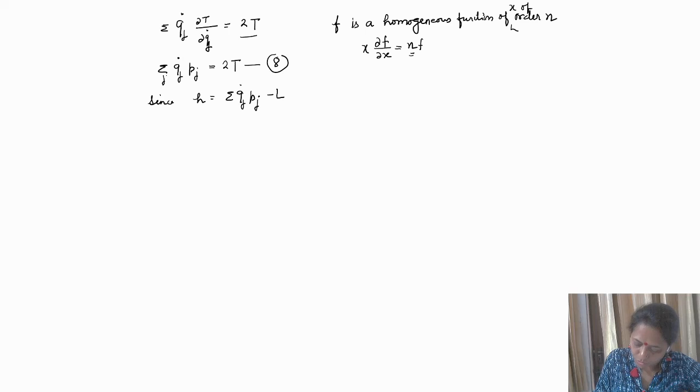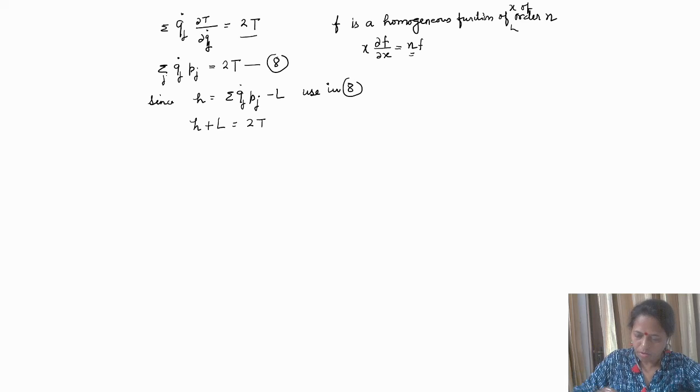So use in 8, we get H plus L is equal to twice T, or H is equal to twice T minus L.